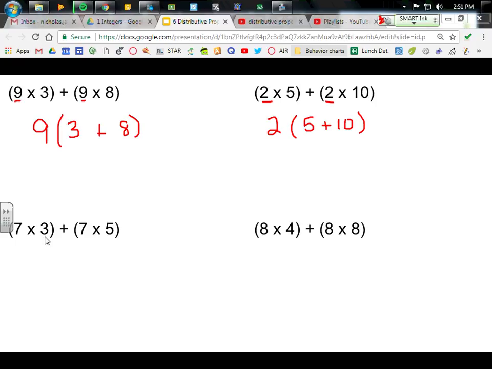Here we have 7 times 3 plus 7 times 5. 7 is our common factor, and we are left with 3 plus 5. All right, final problem. 8 times 4 plus 8 times 8. The common factor here is 8. And what's left over is 4 plus 8.